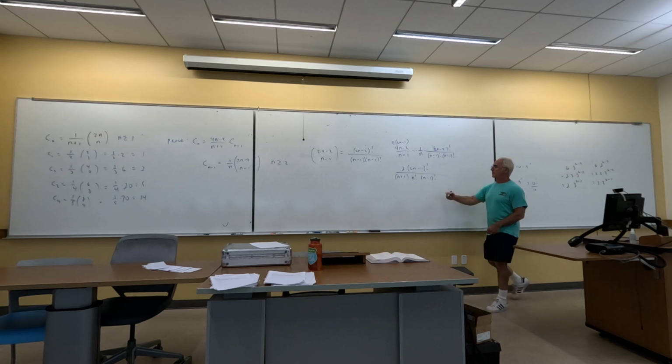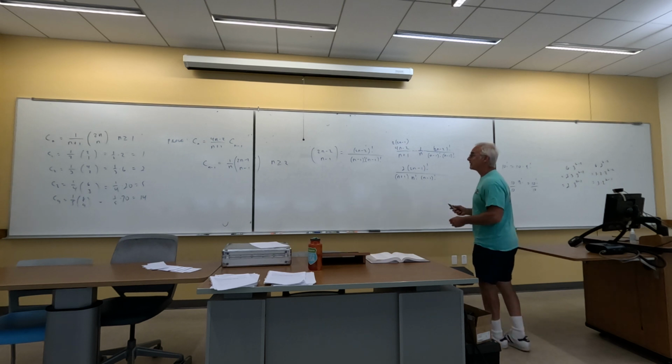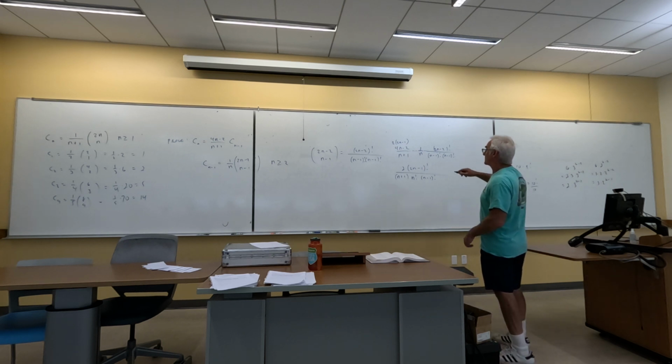Now, I want you to look at this part. We're almost there. Let me double check something. Let's make sure I didn't write anything down wrong. And then I've got an n plus 1, and an n factorial. Just make sure I didn't mess up anything here. I think we've got all this down.